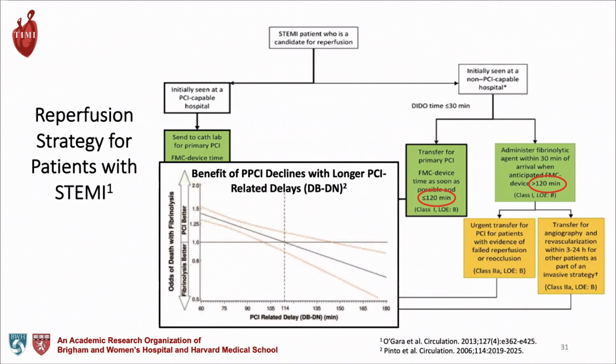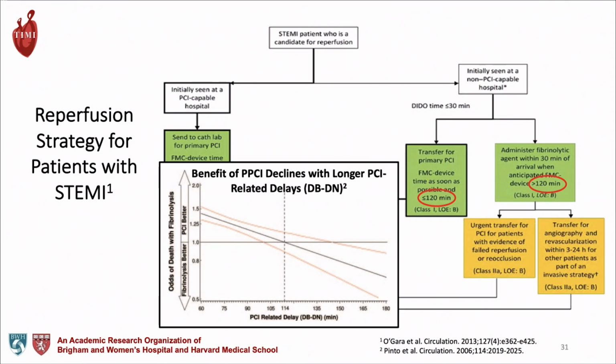And that comes from a database analysis from the National Registry of Myocardial Infarction from the early 2000s, which looked at mortality outcomes with various degrees of delays between door to balloon time and door to needle time. It was actually 114 minutes, which was rounded up to 120 minutes.